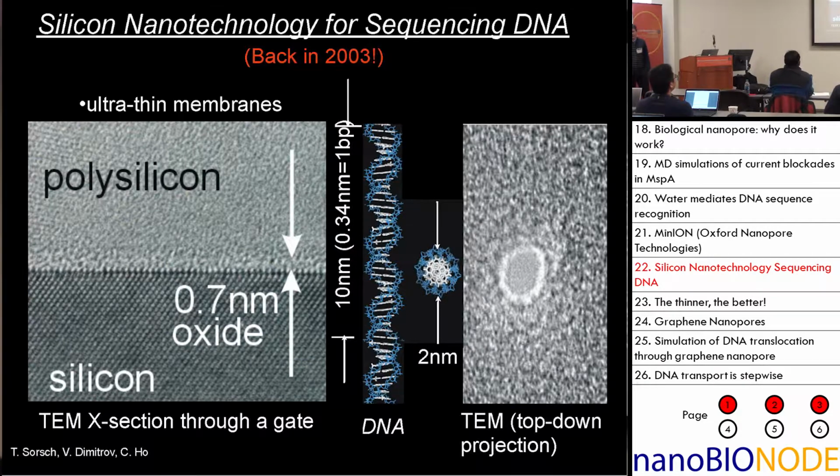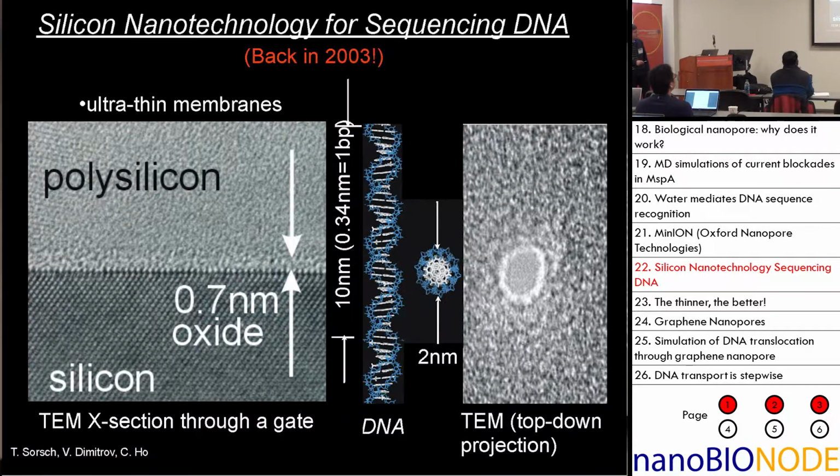What's nice, and this is an old slide but I like to show it, is that back in 2003, from a group of Graphene, even back then we could make things using a nanofabrication lab, maybe even in this building, which had features comparable to the size of a DNA nucleotide. Here is a TEM image through a cross-section of a gate of a transistor.